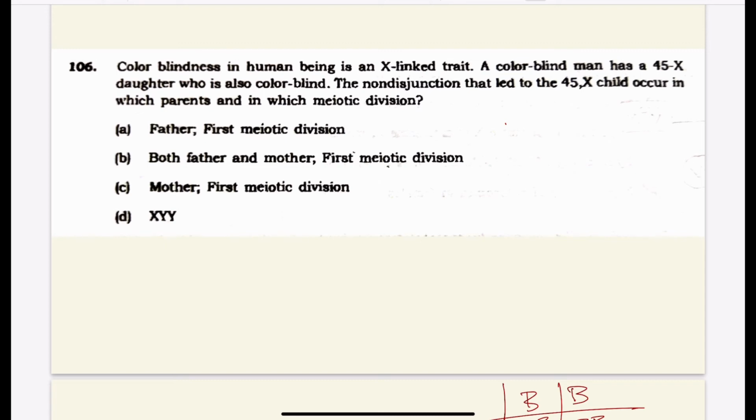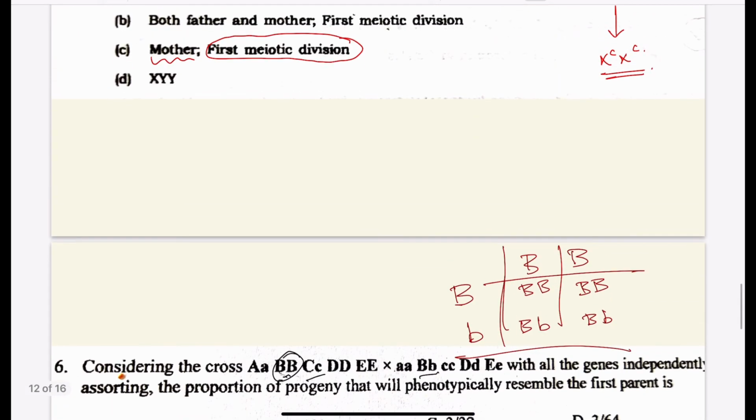So when that male is crossing with a female which is heterozygous for color blindness, they will have a daughter who is colorblind. So the non-disjunction which led to it will be in the mother, and in which meiotic division, it is always meiosis 1 where the actual reductional division takes place. So it will be the first meiotic division. Okay, so next question. The answer is C here.